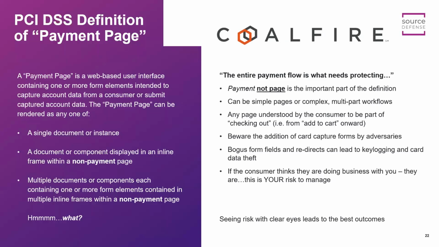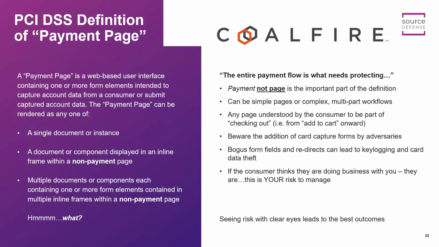And it's interesting because they use the word page in the PCI DSS definition in 4.0, but if you really layer it back and read deeply into it, you realize they're probably saying flows just as well, because they're saying a payment page is a web-based user interface containing one or more form elements intended to capture account data.